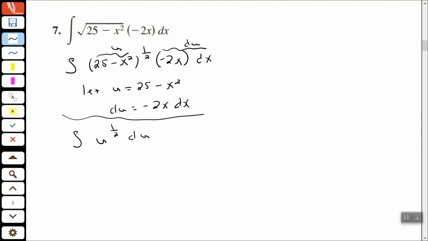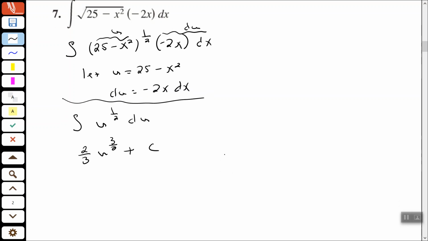All right, so we add 1 and divide. If we add 1, that's adding 2 over 2, which is 3 over 2. If we divide by 3 over 2, that's the same thing as multiplying by 2/3. Okay, so 2/3 times u to the 3/2 power plus c.